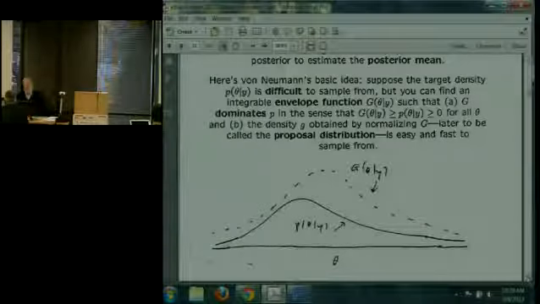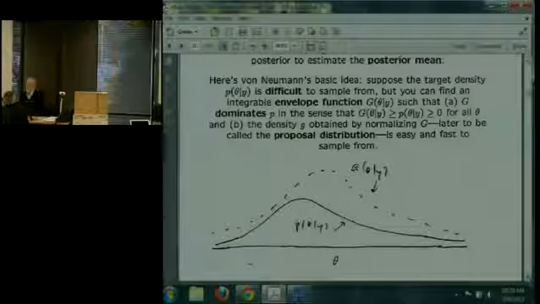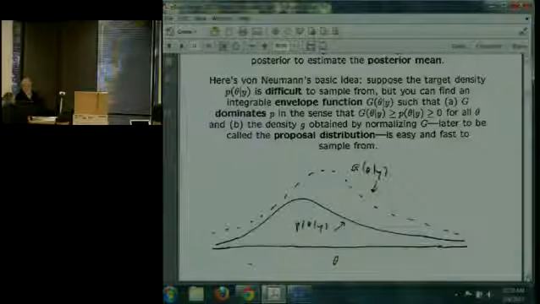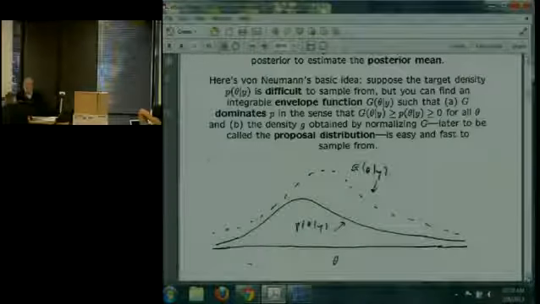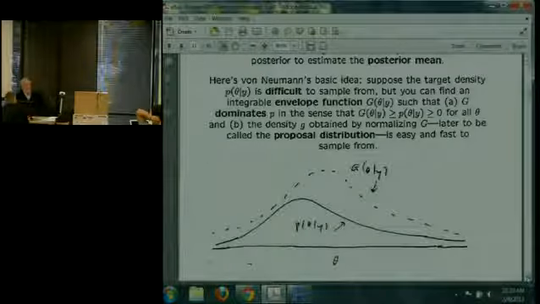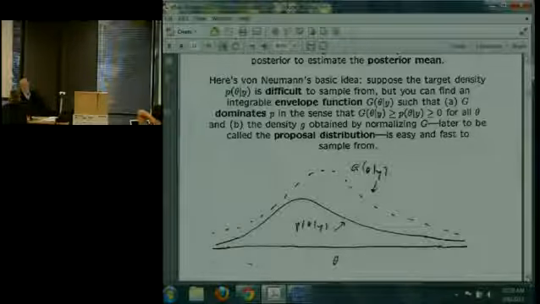And it has the property that when you density normalize capital G, it is a distribution that's easy to sample from. So then he can tell us how to sample from P by sampling instead from capital G. That's his idea. And so it's like what we were talking about when this gentleman asked me a question a while ago. Little p is hard to sample from, but I can find another density that's easy to sample from. Then I can use the draws from G to help me make valid draws from P. So that was von Neumann's idea.